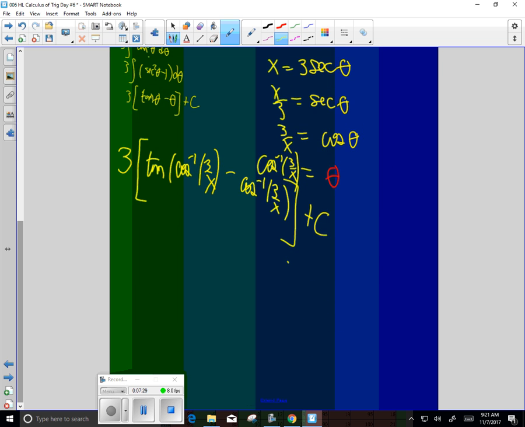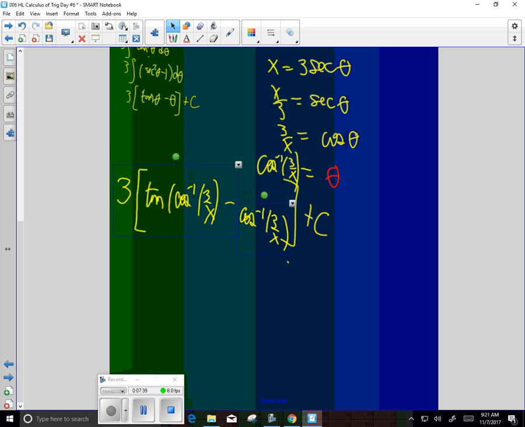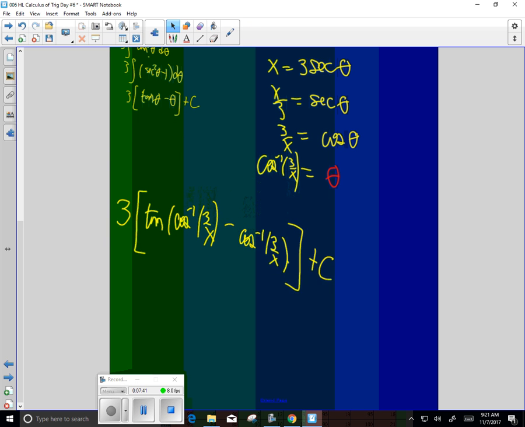We do have to make a triangle, unfortunately. All right, so let's do it. We'll put theta, cosine inverse, make a triangle. I told you we were going to use that a lot, didn't I? We have used it a lot.